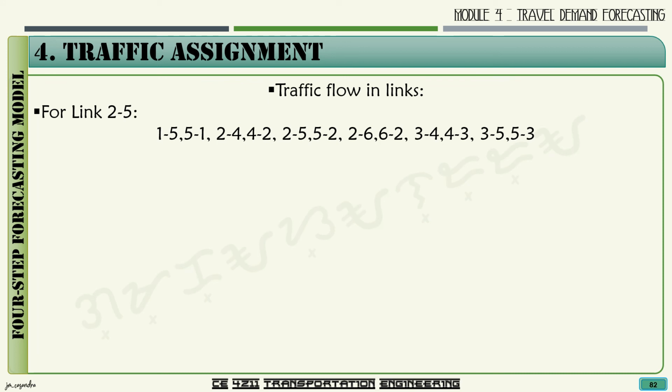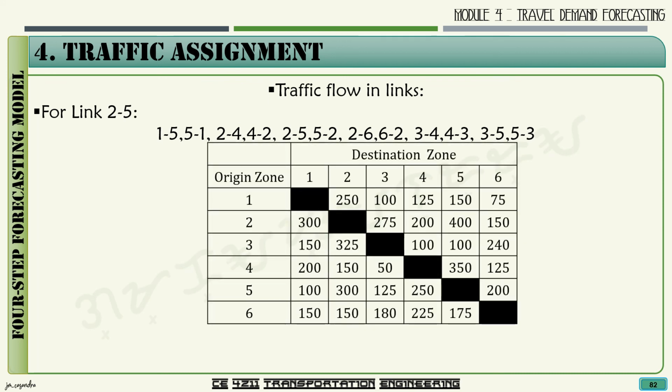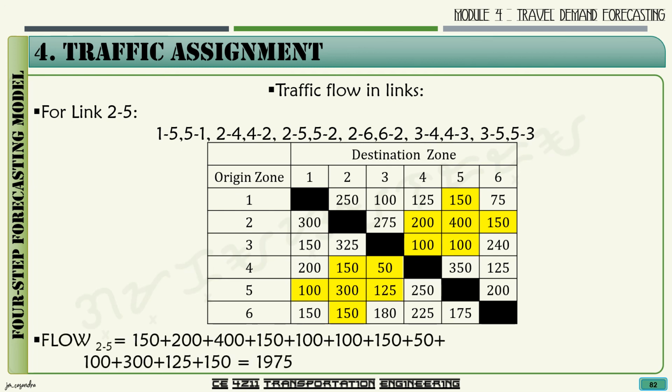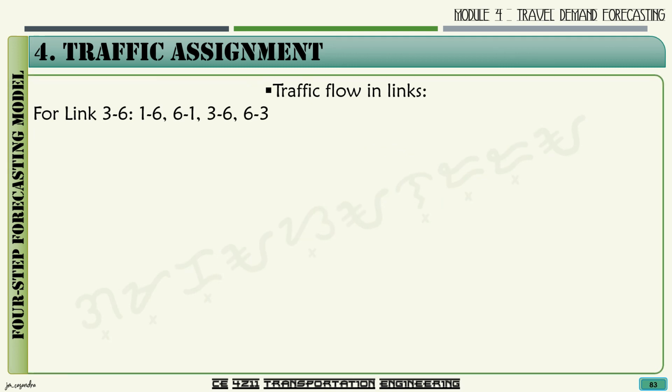And then for link 2 to 5, we have 1, 5, 5, 1, we have 2, 4, 4, 2, 2, 5, 5, 2, 2, 6, 6, 2, 3, 4, 4, 3, 3, 5, 5, 3. So the total volume now or traffic flow in link 2 to 5 is 1,975.